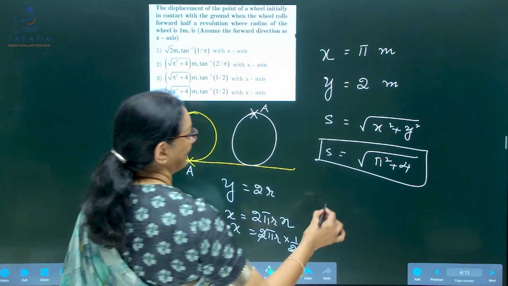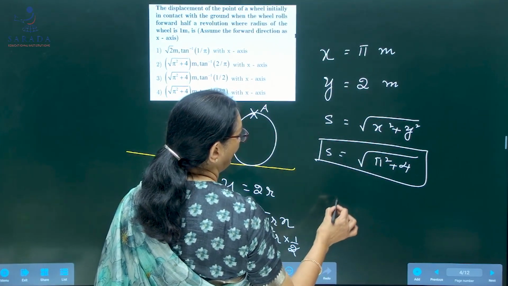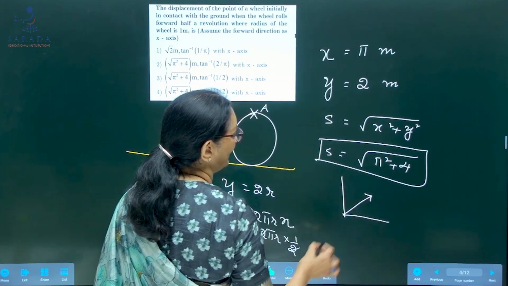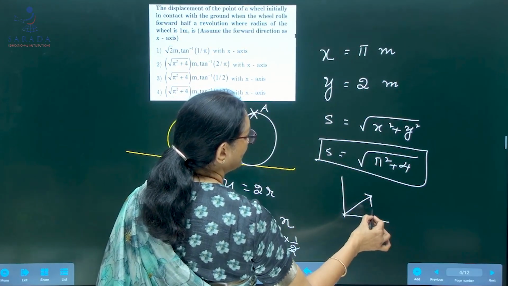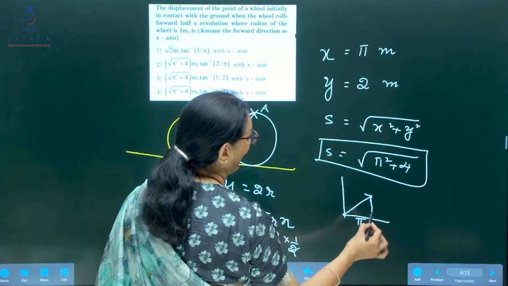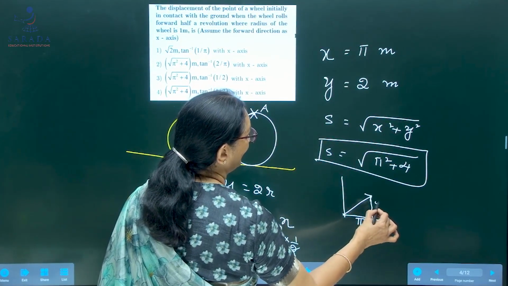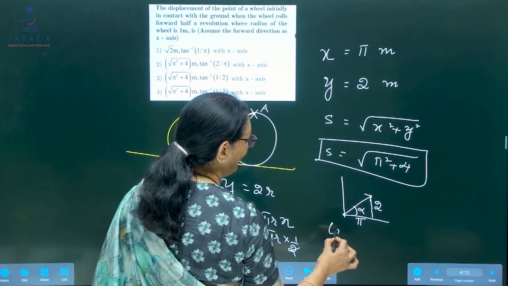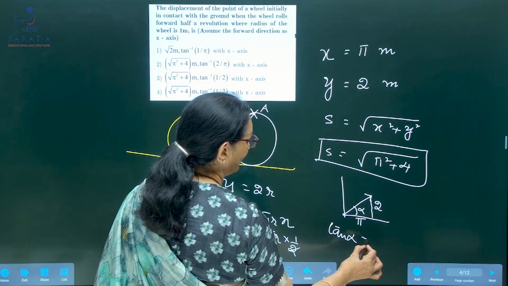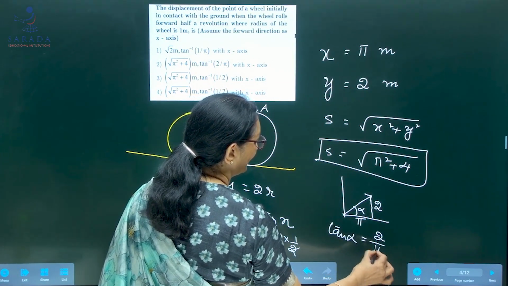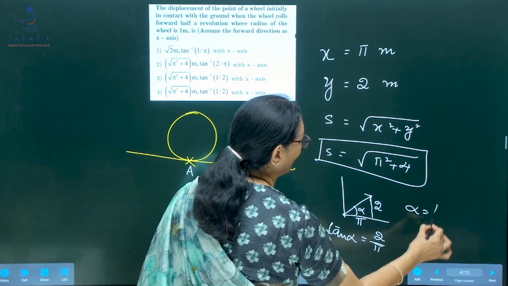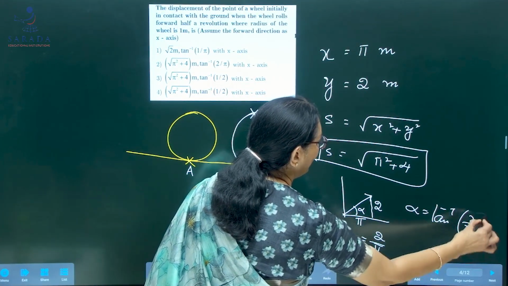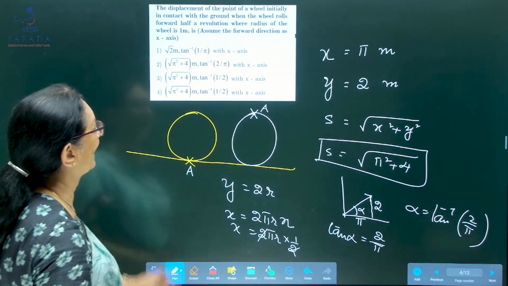With the x-axis, see here, it is like that. Actually, the displacement vector is like this. Horizontal displacement is pi, vertical displacement is 2. So this is alpha. So tan alpha is equal to 2 by pi, or alpha is equal to tan inverse 2 by pi with the positive x-axis.